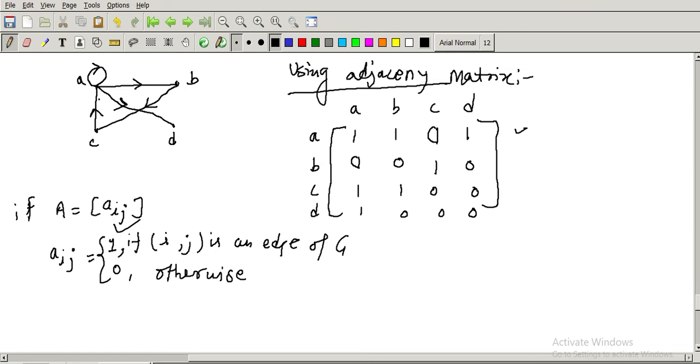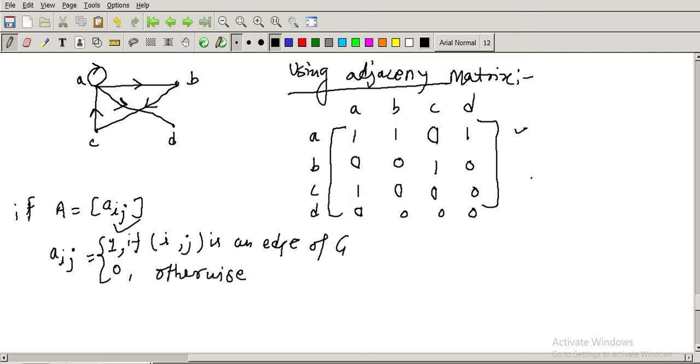For C we have only 1 outward edge, C to A, so we will write C to A as 1, otherwise 0. Then for D we don't have any edge outgoing from D, so we will write 0 0 0 0.